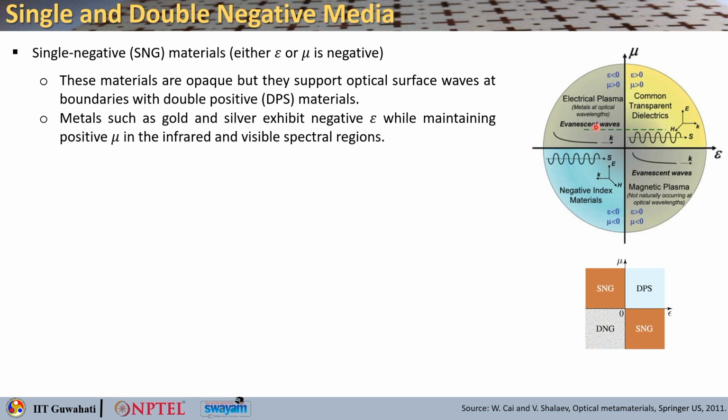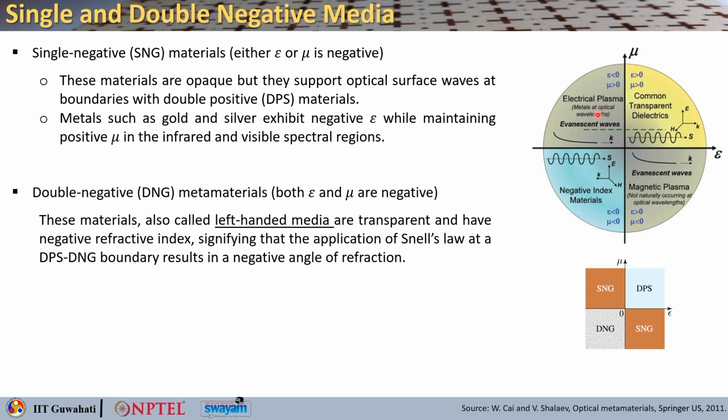Among single negative materials, you can name metals such as gold or silver, which exhibit negative permittivity while maintaining a positive permeability in the infrared and optical ranges. That is where you get the normal single negative materials.